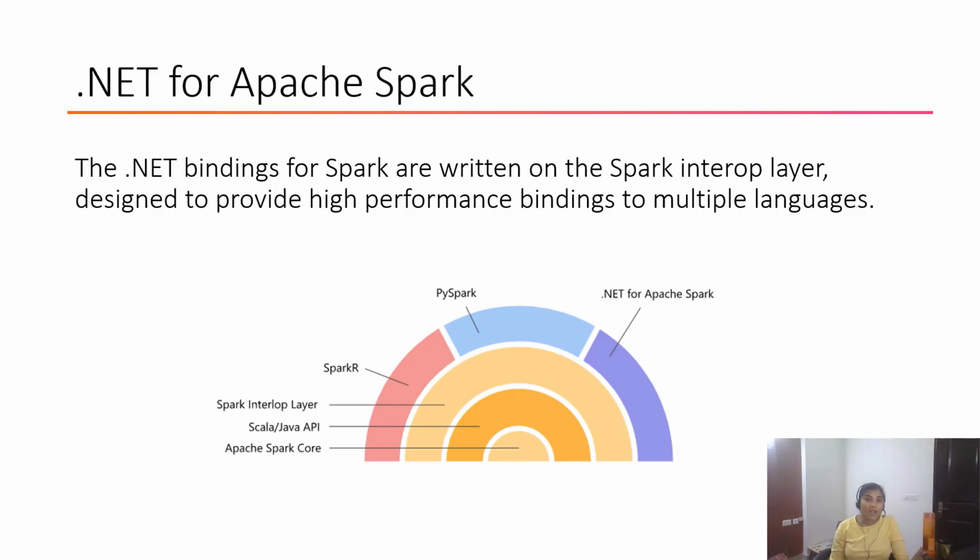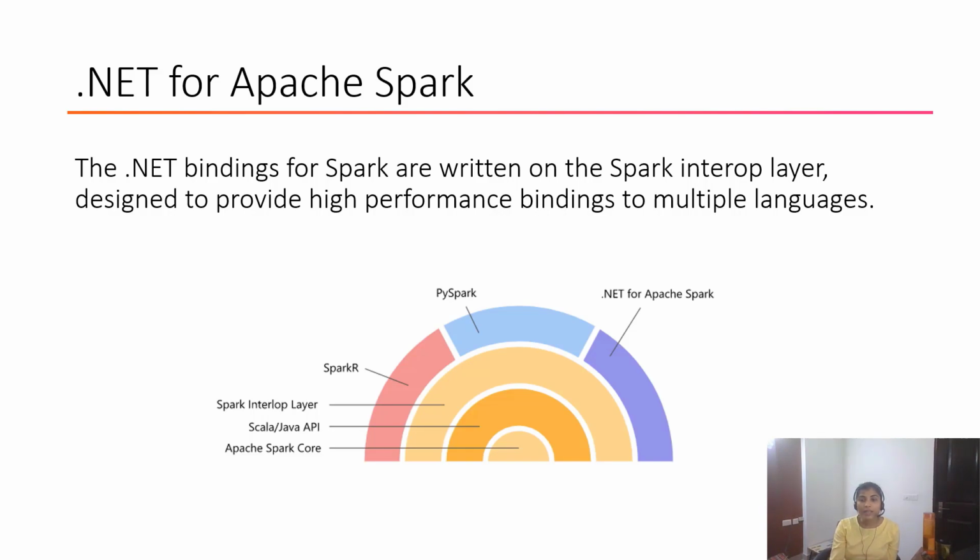It achieves high performance for both batch and streaming data using a state-of-the-art DAG scheduler, a query optimizer, and a physical execution engine. .NET for Apache Spark gives you APIs for using Apache Spark from C# and F#.